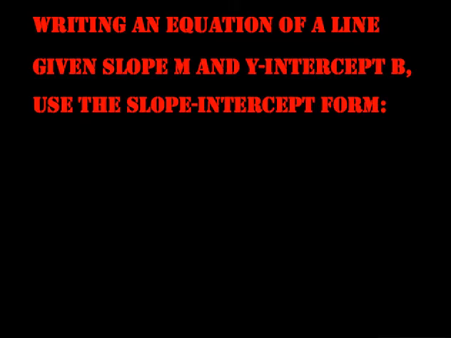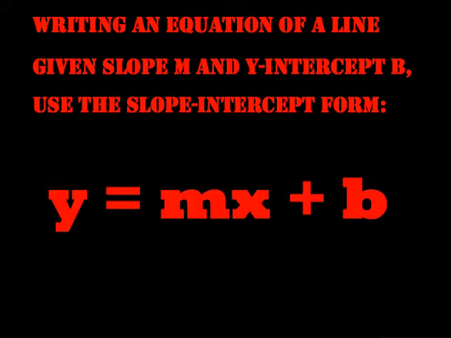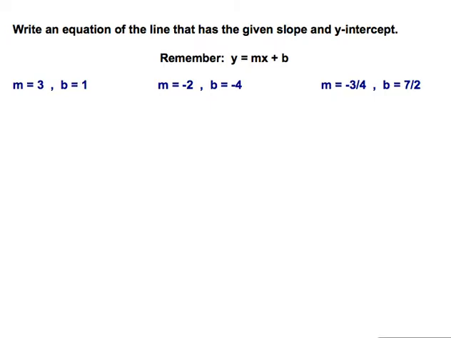To start off with, writing an equation of a line given a slope m and a y-intercept b, we're going to use the slope-intercept form, y equals mx plus b, which we just learned in section 2.3. If they tell us that m is 3 and b is 1, it's really just a matter of plugging in to this formula.